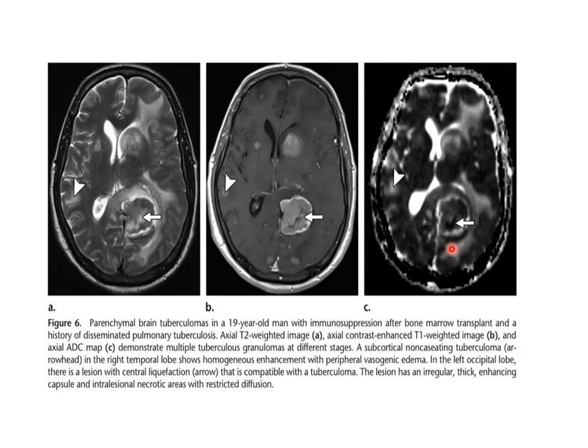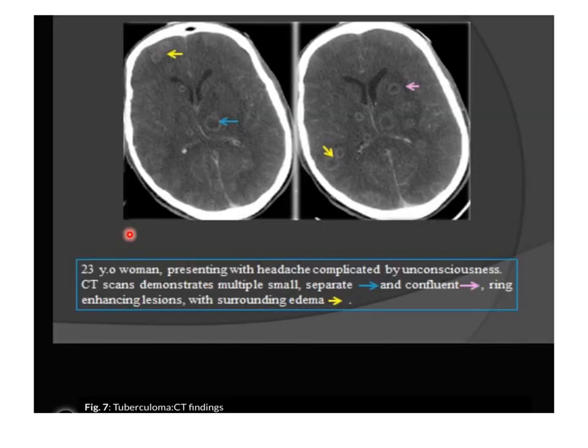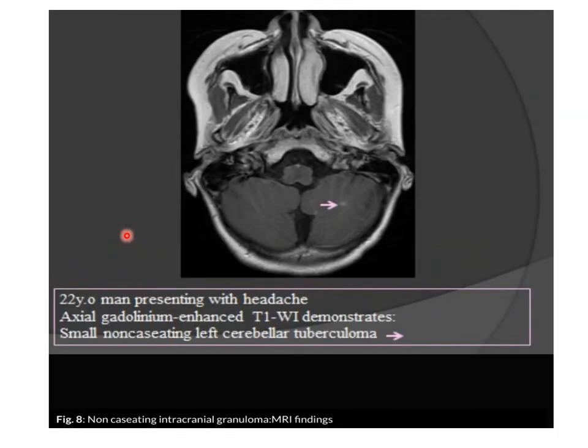The second feature of the TB involvement is tuberculoma, and there are three types of tuberculoma. Either we have non-caseating tuberculoma, which looks like a small nodule with homogeneous enhancement, low in T1 and high in T2.